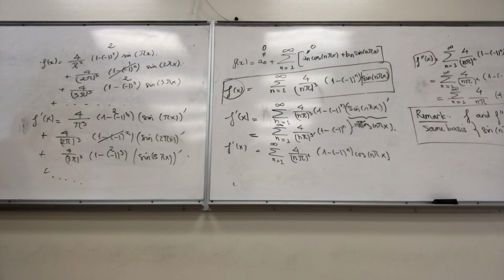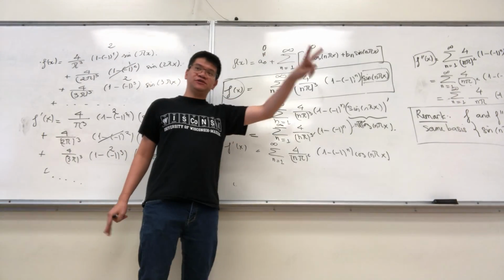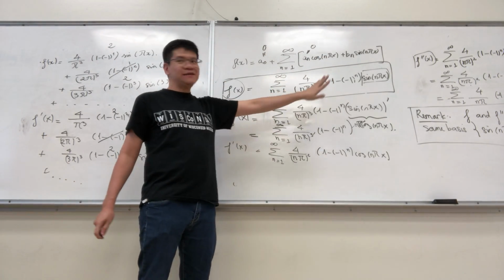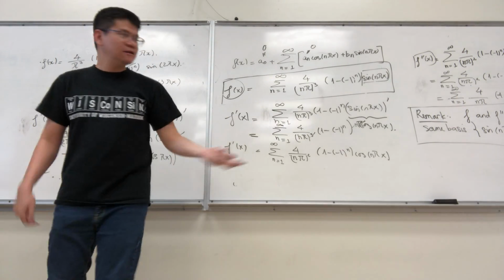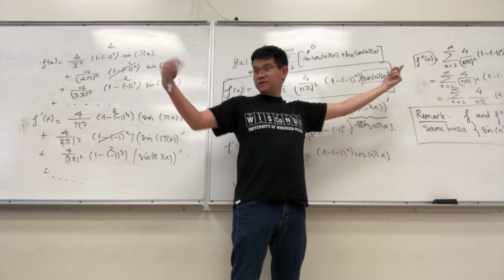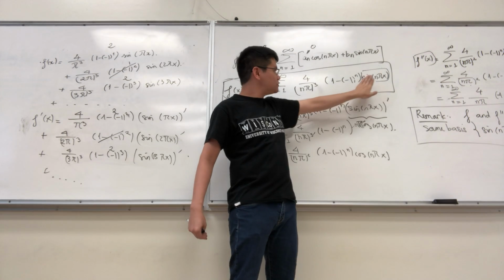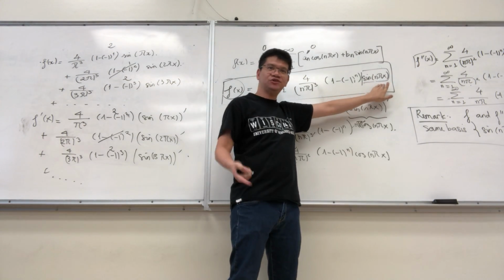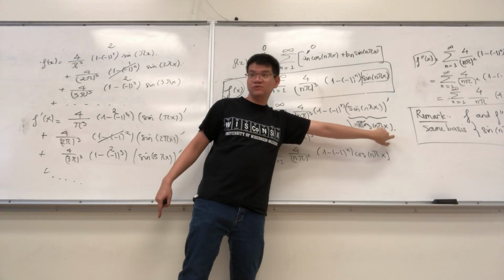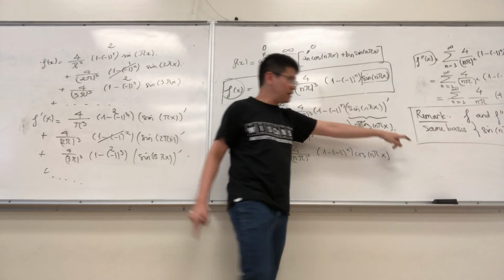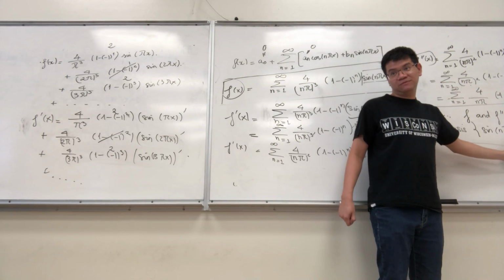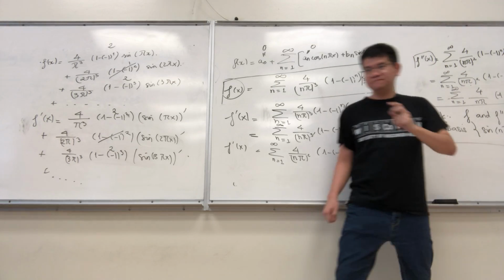Alright? So the remark here is that after you differentiate twice, you come back to the same basis. The first basis is sinus because cosinus are all 0. You differentiate and you fall into the basis of cosinus. But now you differentiate another time, you come back to the basis sinus n pi x. All right?